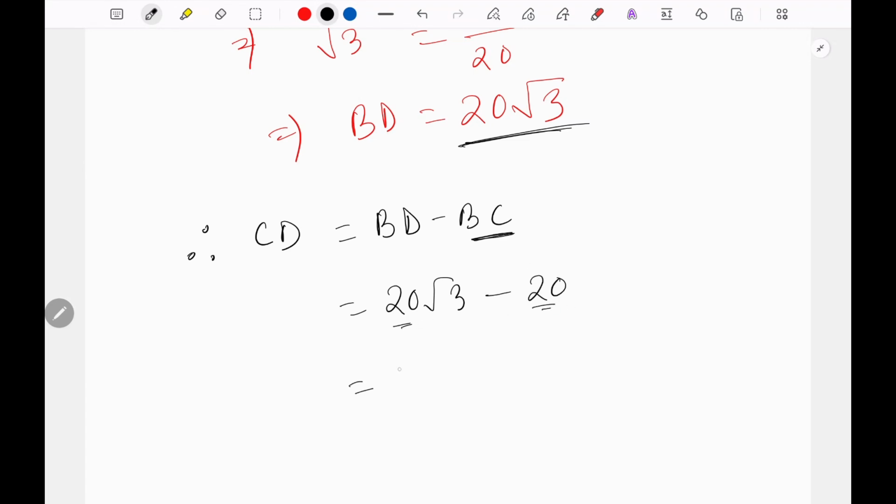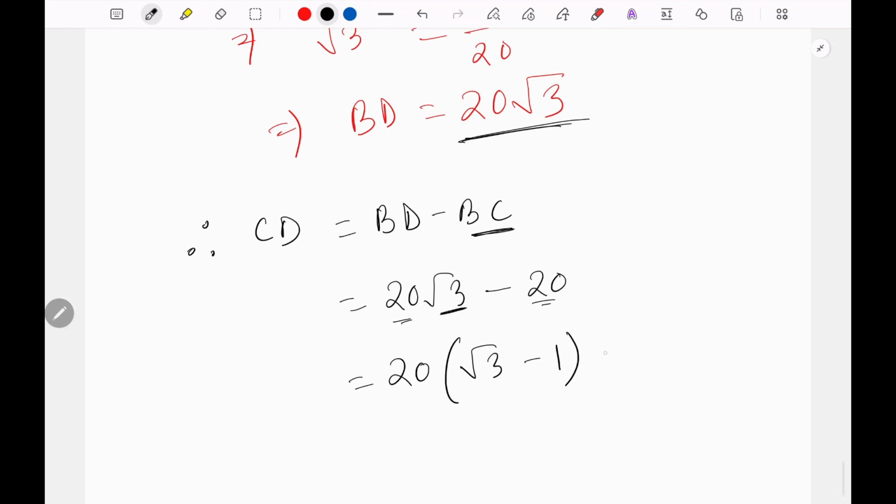So take 20 common from both of them. So here root 3 minus 1. So this is the final answer. The length of CD is 20 times root 3 minus 1.